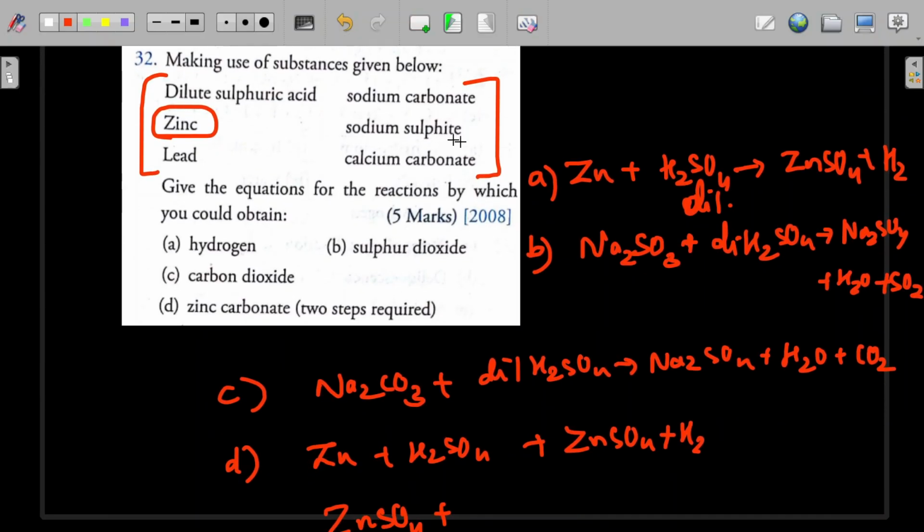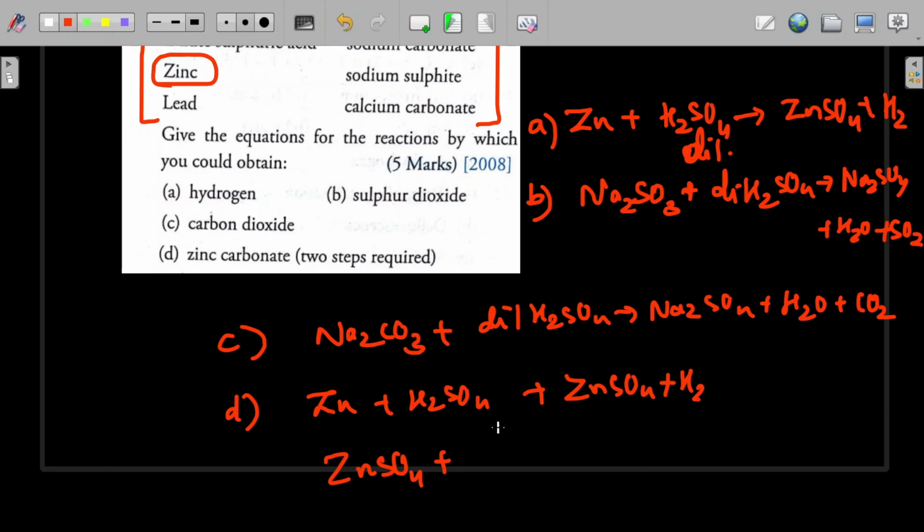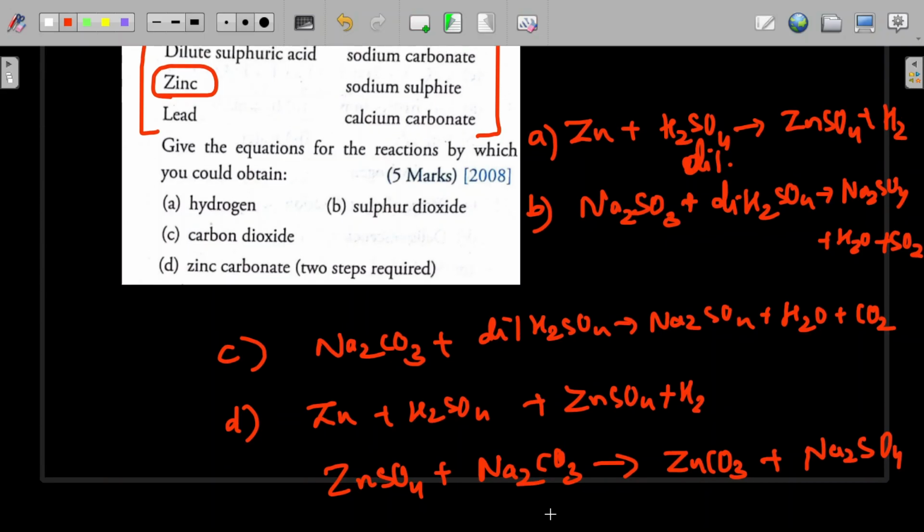This time you have to use sodium carbonate only, not calcium carbonate, because calcium carbonate is a precipitate. It is not soluble in water, and whatever you are getting, zinc carbonate, is a precipitate. Therefore, your starting material should be soluble. So ZnSO4 plus Na2CO3, you have to use sodium carbonate here.